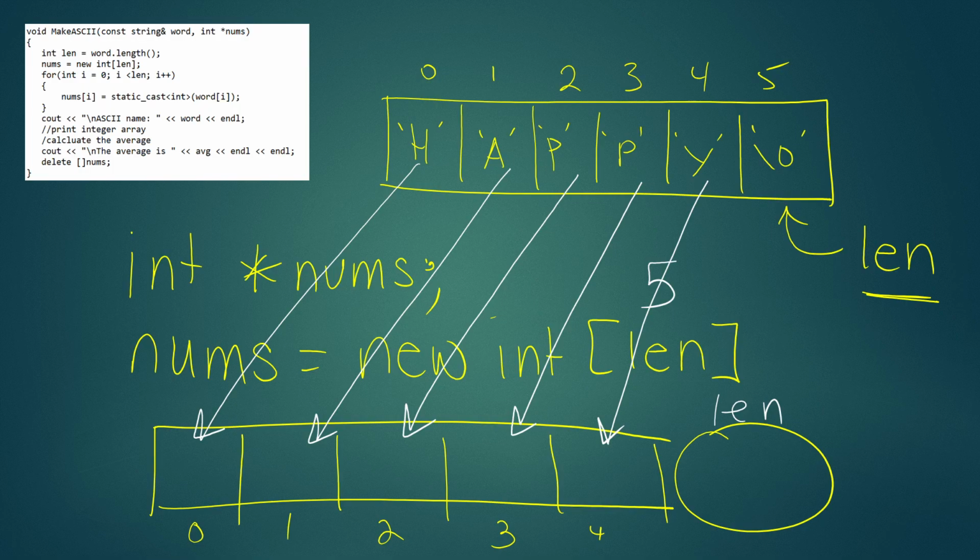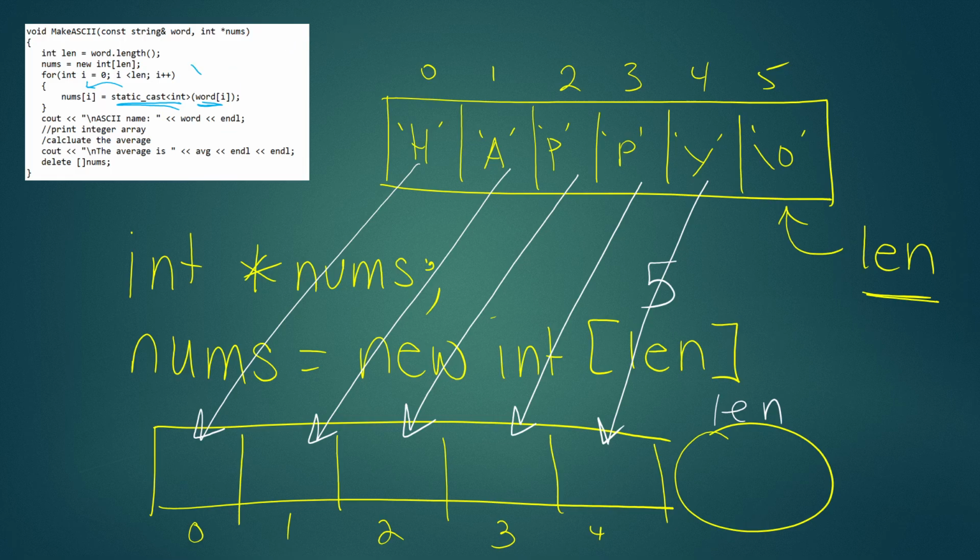And the statement to convert it is very straightforward. All you have to do is take your word, pass it here, cast it to an integer, and then assign it to an integer array. So you just static cast it from a character. So this is a character.